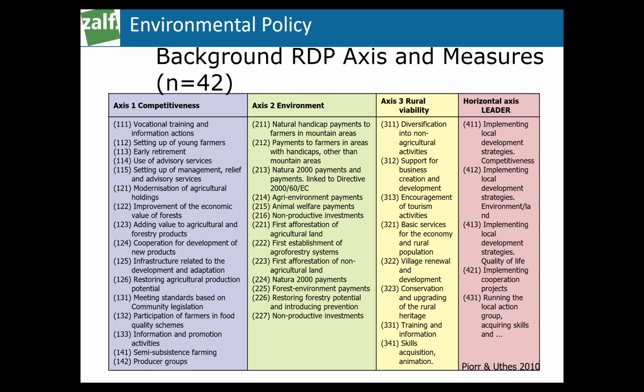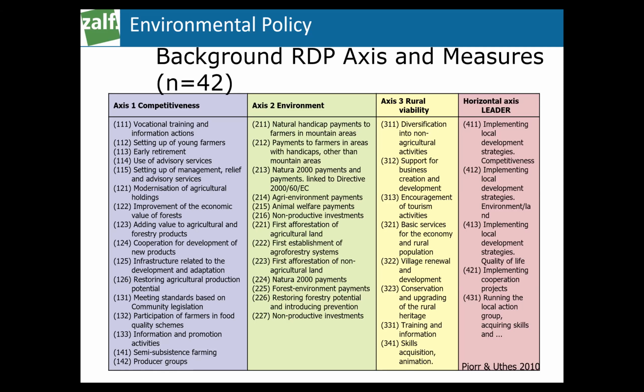This is also the environment part. First, afforestation of agricultural land, afforestation of non-agricultural land, Natura 2000 payments, non-productive investments. You see here the range of very clearly tailored concepts with tailored objectives.